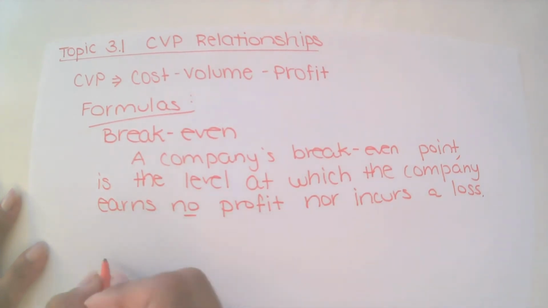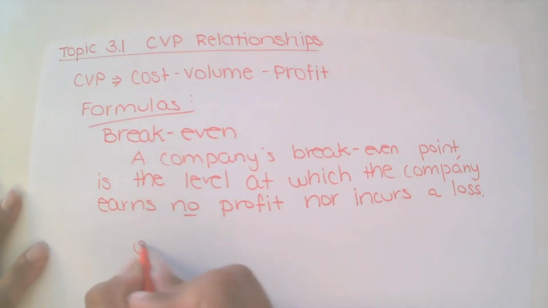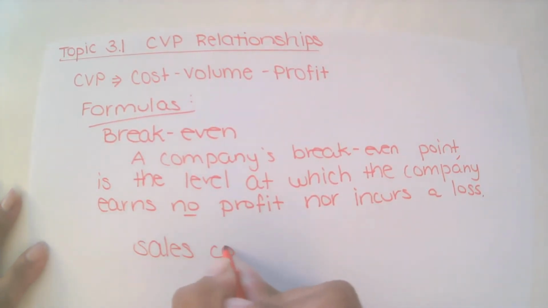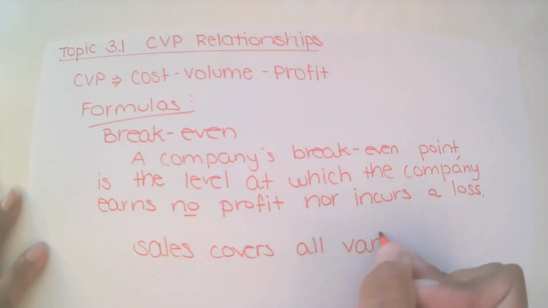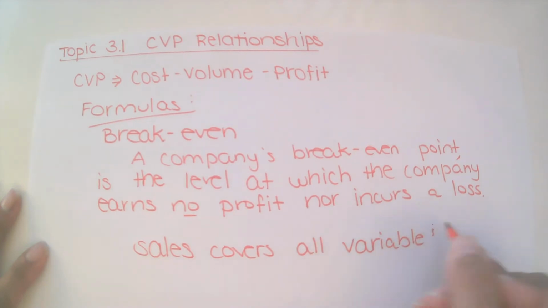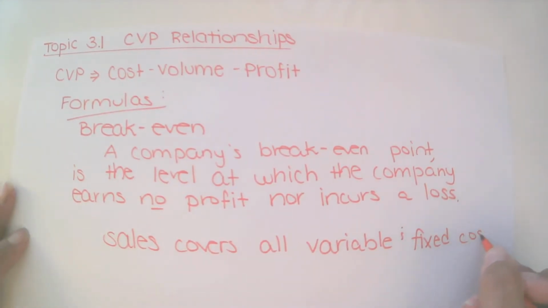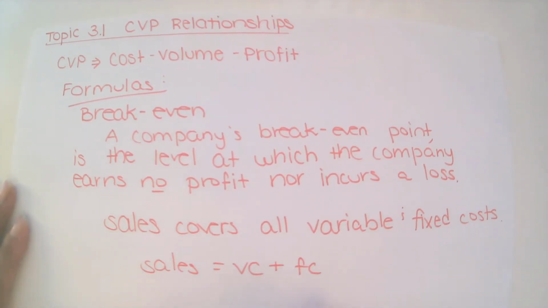So another way of saying that is sales covers all variable and fixed costs. Right, so our sales perfectly equals variable cost plus fixed costs. Right, so both are the same.